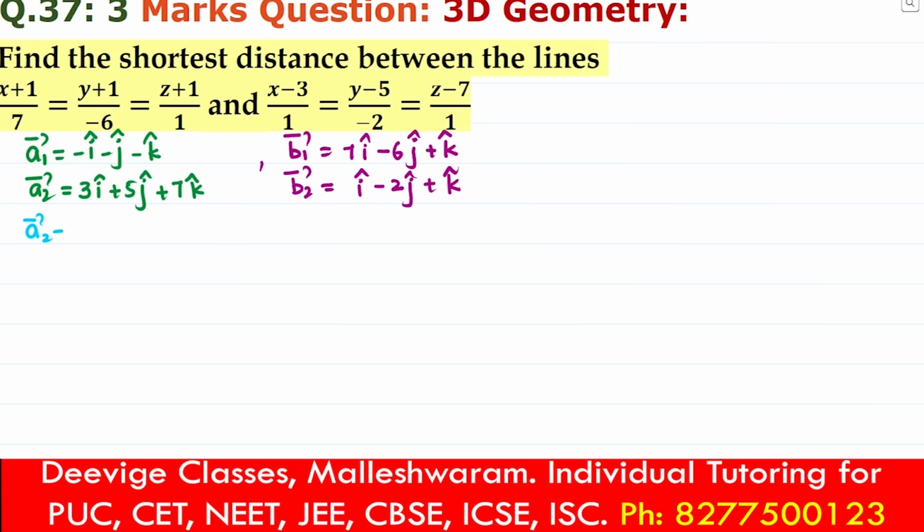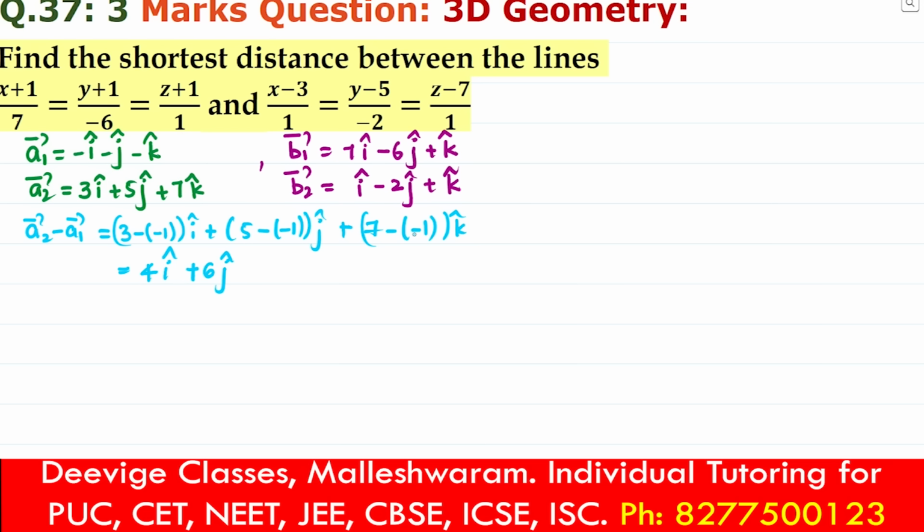First find out a2 minus a1, which will be equal to (3 − (−1)) i cap + (5 − (−1)) j cap + (7 − (−1)) k cap, which is equal to 3 + 1 = 4 i cap, 5 + 1 = 6 j cap, and 7 + 1 = 8 k cap. Okay, so next find out b1 cross b2.